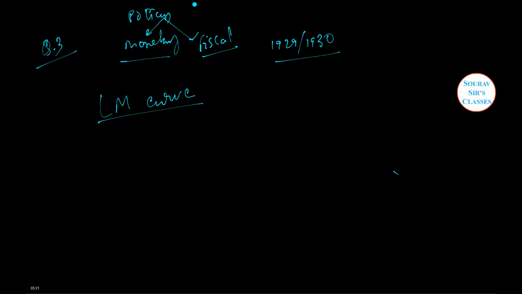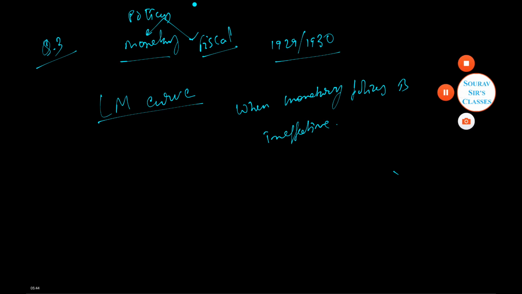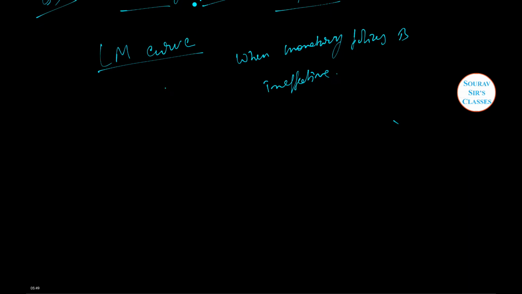The first option says the IS curve was vertical and stuck at a low level of income. Now see what happens when monetary policy is ineffective. That means the IS curve looks like this. The entire structure of ineffective monetary policy can be drawn this way.